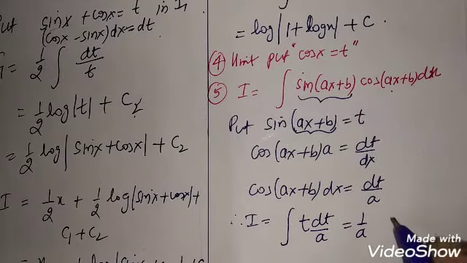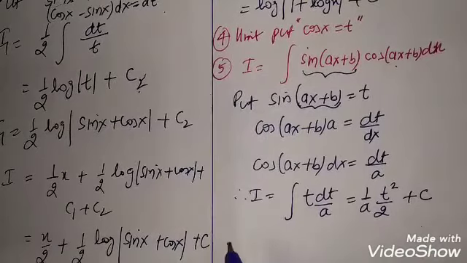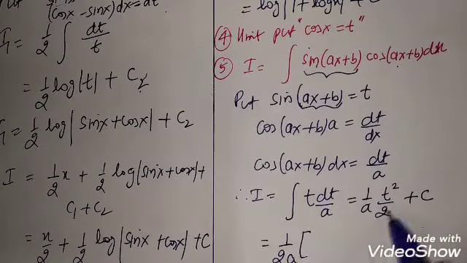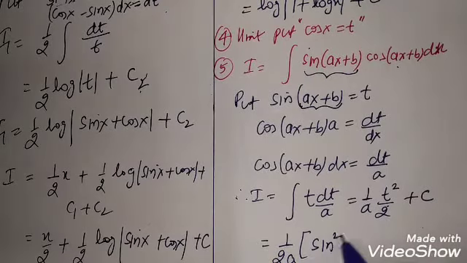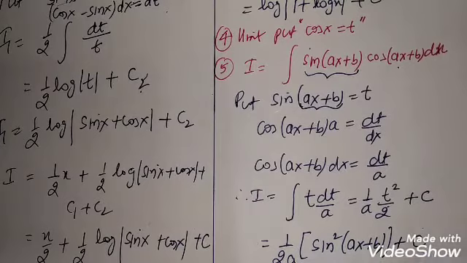The integration of t is t square by 2 plus c. Just put the value of t, and you'll have your answer: 1 by 2a times sine square (ax plus b) plus c. This is our required answer.